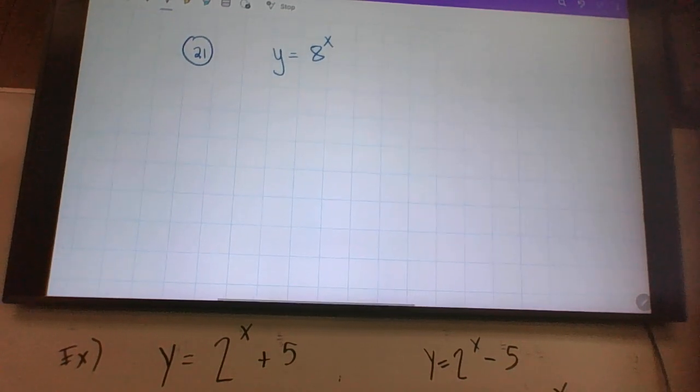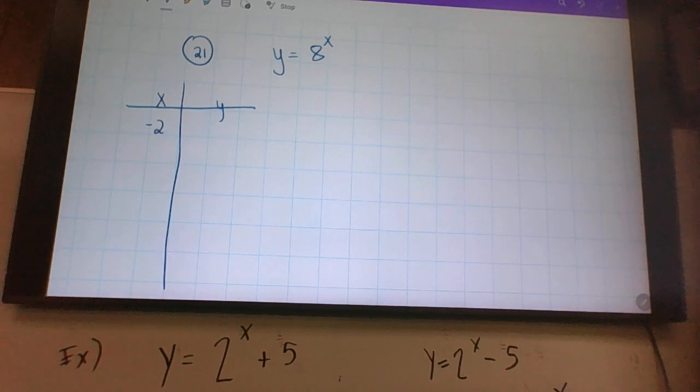You guys are doing this table: x, y, -2, -1, 0, 1, 2. You're putting it as an exponent. If you want to make it a decimal so that you can make a graph, fine.